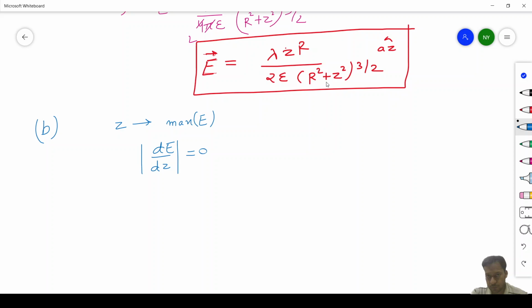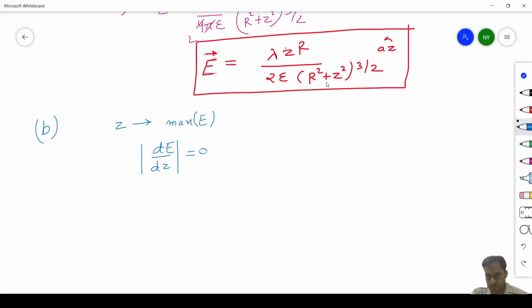And the square of the denominator, that is (r square plus z square) power 3. The 1 by 2 and 2 cancel out. So this will be equal to 0.